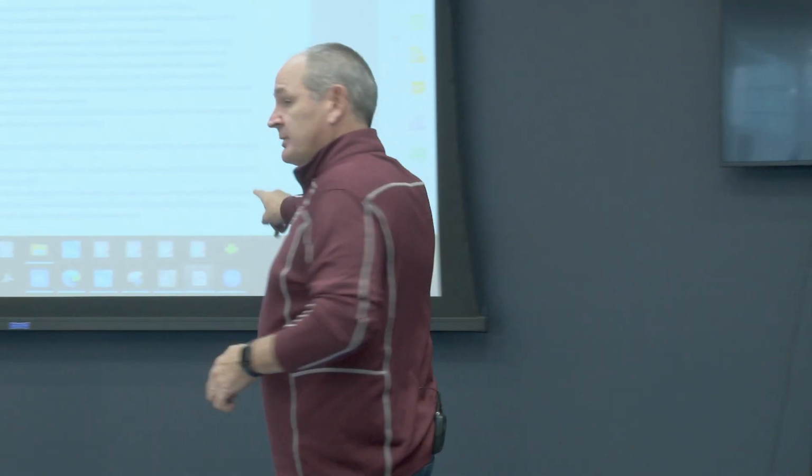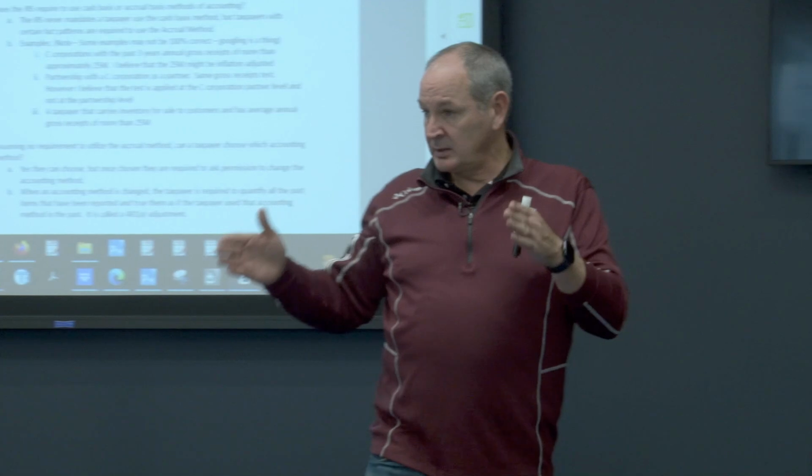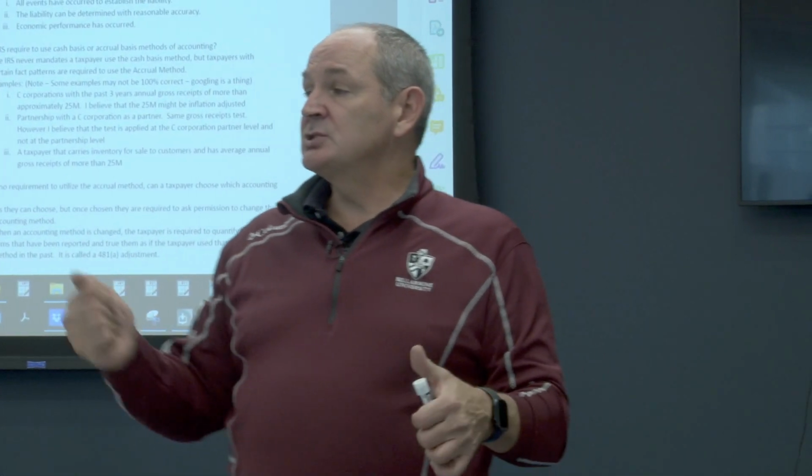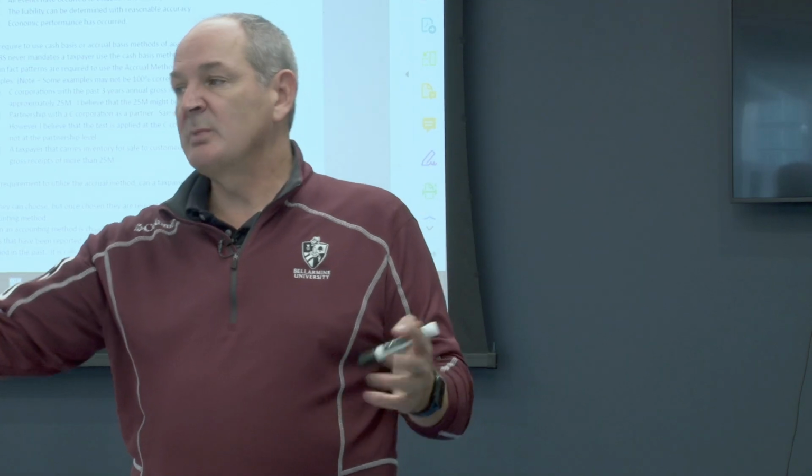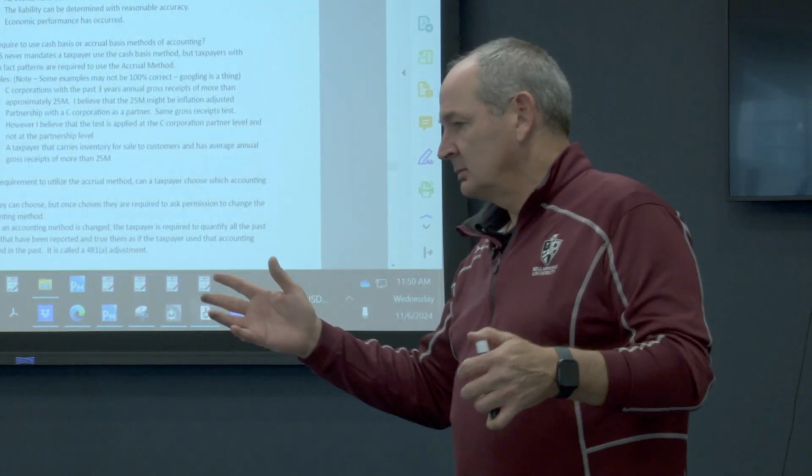So this 481 adjustment is comparing what you did report to what you would have reported if you were on that method. In this case, that was 30 million. And I'm going to change it now to 28 million because my math's easier. Is that right? 28 million? It's 28, I think.